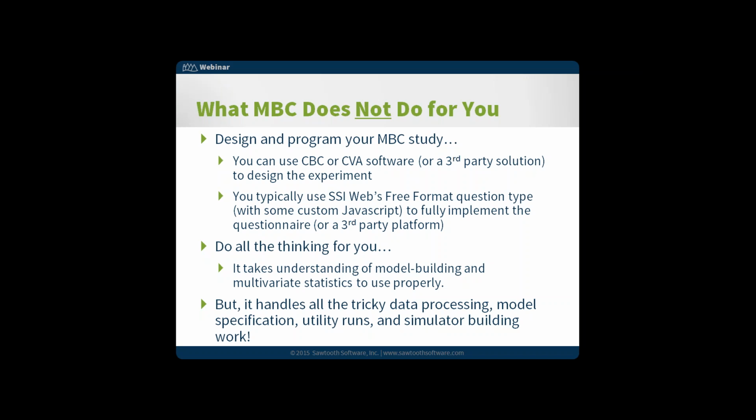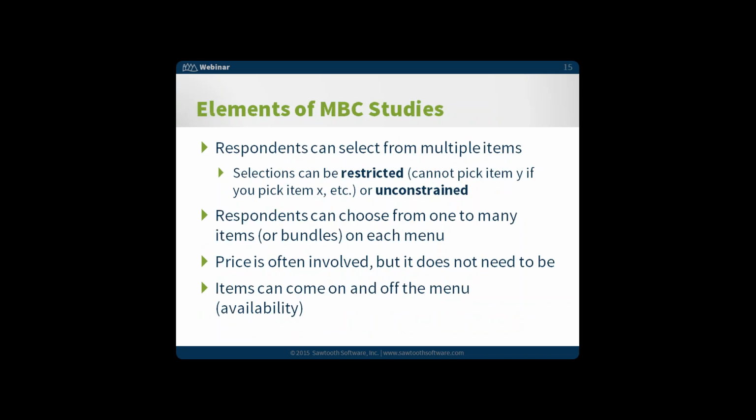It also handles and manages all the utility runs that you do, the logit runs, the hierarchical Bayesian run, manages them in a nice utility run manager, and lets you build the market simulator once you have created the model specification and settled on the utility runs that you want to use in your final simulator. So in so many ways, it saves you a great deal of time.